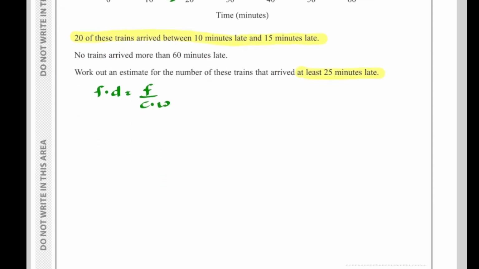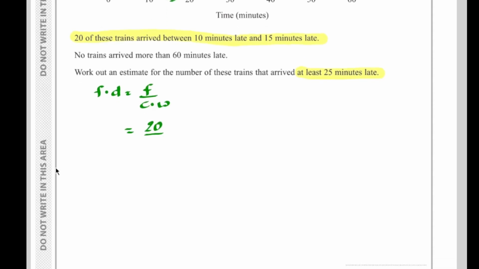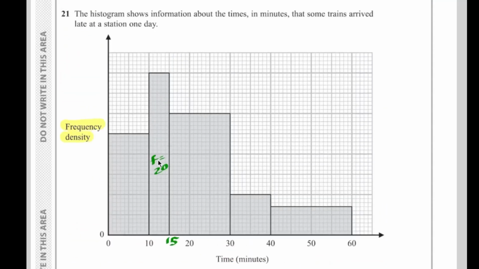The frequency is 20, and the class width, I know 10 and 15, then 15 minus 10. For class width, you need to subtract the two boundaries of the class. So 15 minus 10 is the class width, which is 5. Then the frequency density, I am getting it as 4. Then let's go back to the graph and label that for this bar, the frequency density we got as 4.